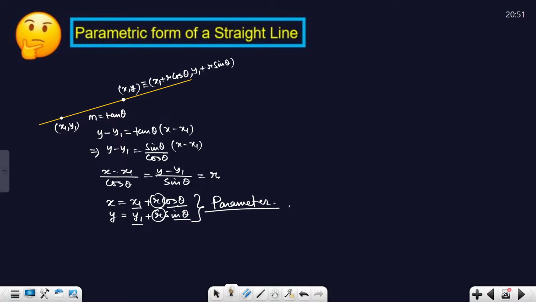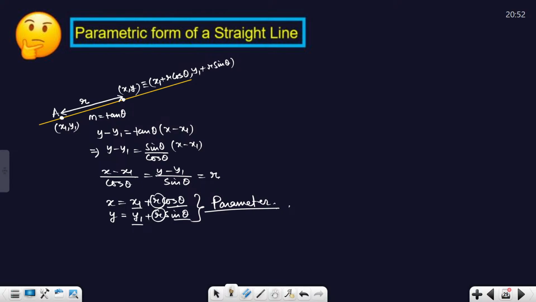But what does this r represent? This r is basically the distance of that variable point from the fixed point given. Let us say that is A. This r represents the distance between the fixed point and the variable point. That's the distance. Is it clear? So r is always the distance between the variable point and the fixed point.